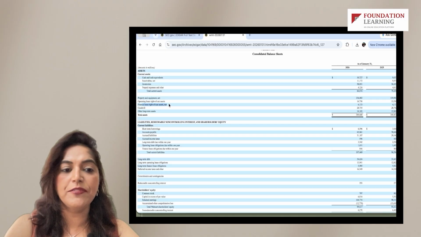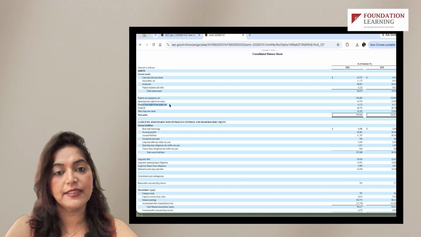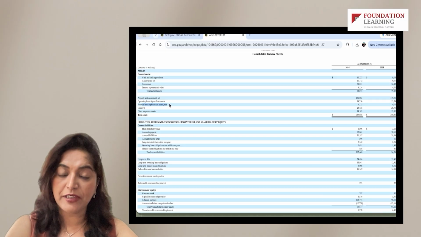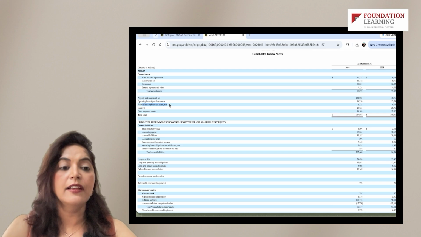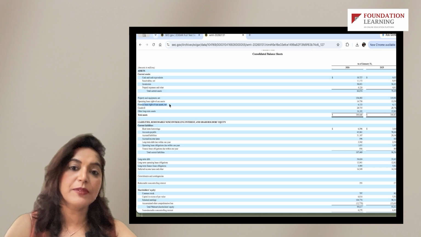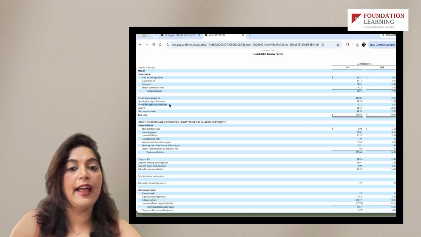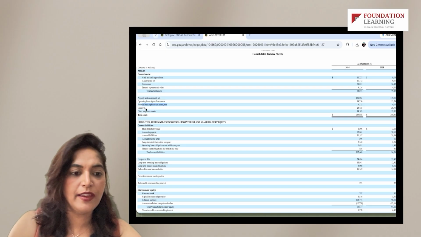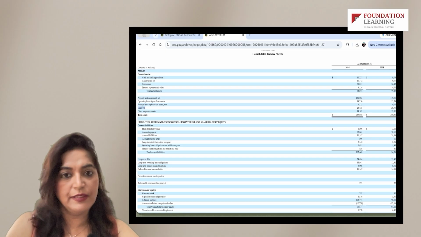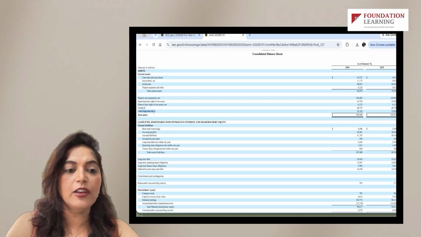Then we have obviously financing right of use asset. In case the company is leveraging a long-term finance lease, it is presented in the balance sheet against asset and the liabilities as well. Then we have goodwill, intangible, other long-term asset, which gives us total asset.